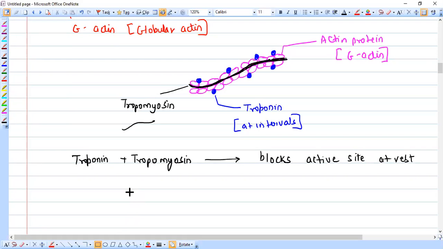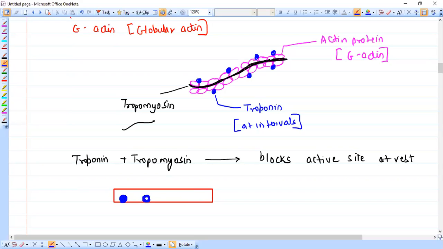Once the active site is blocked, it means there will be no muscle contraction taking place. Let us understand how things are there. I take this red color structure. This red color structure, I call it actin. Now there is troponin involved. This blue color structure, I told you, is troponin. Troponin has basically blocked this. This is the active site.